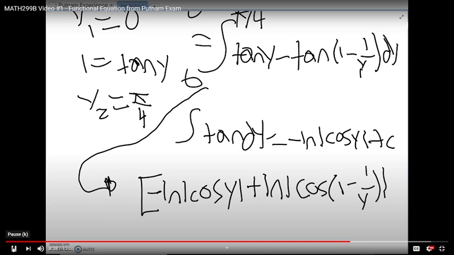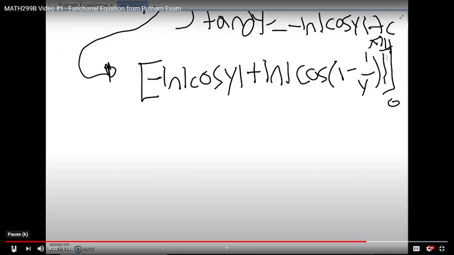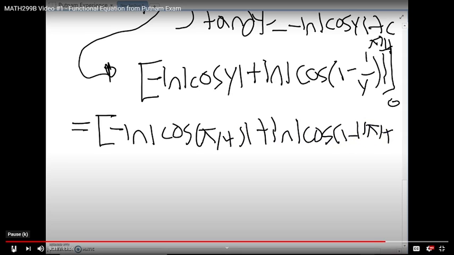Close bracket, from 0 to pi over 4. And what I will do now is just plug in values for the integral. So this will equal negative ln cosine pi over 4, and then plus ln absolute value cosine of 1 minus 1 divided by pi over 4.